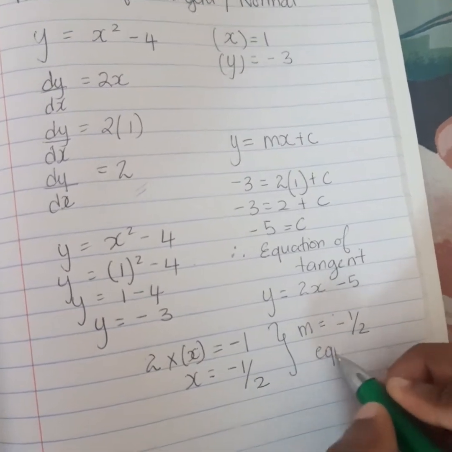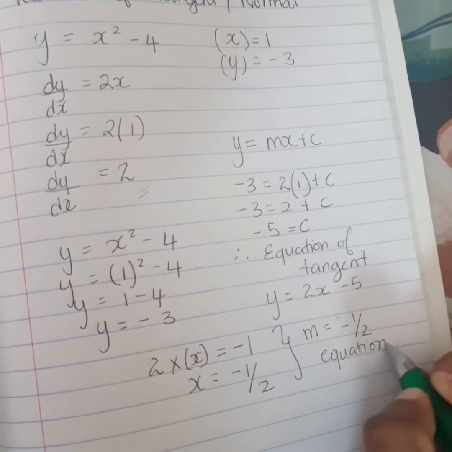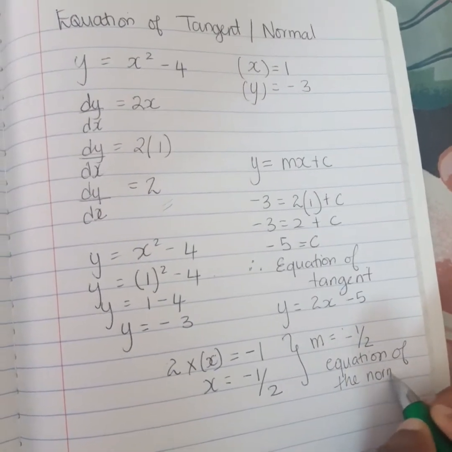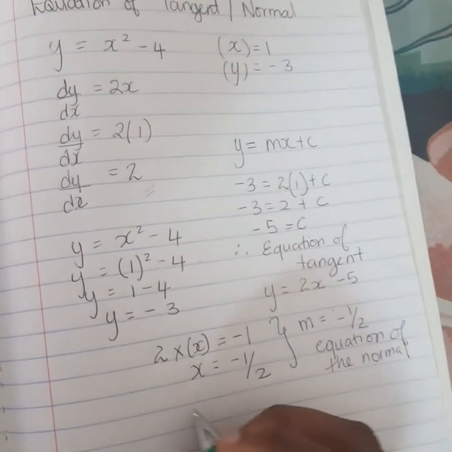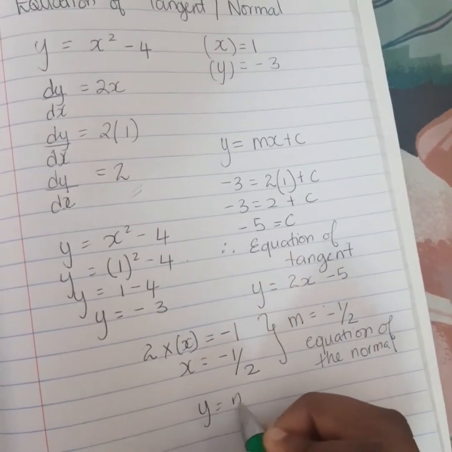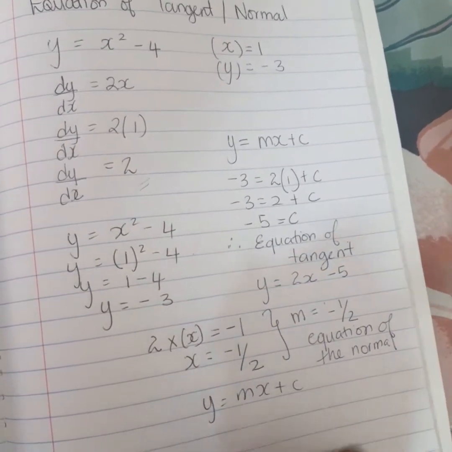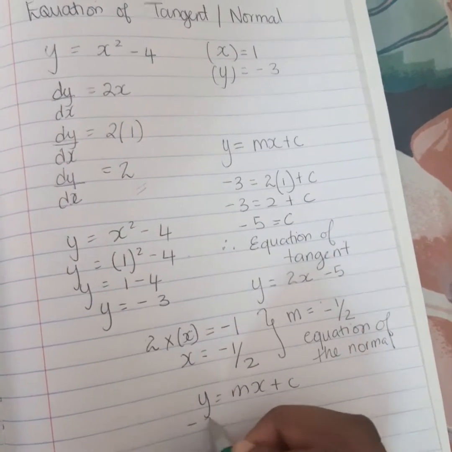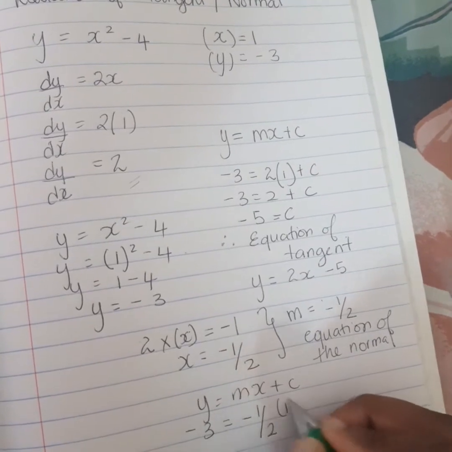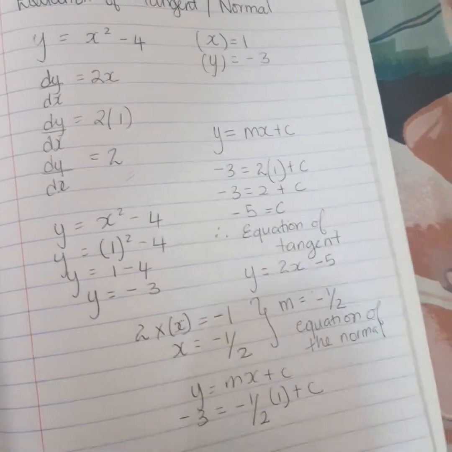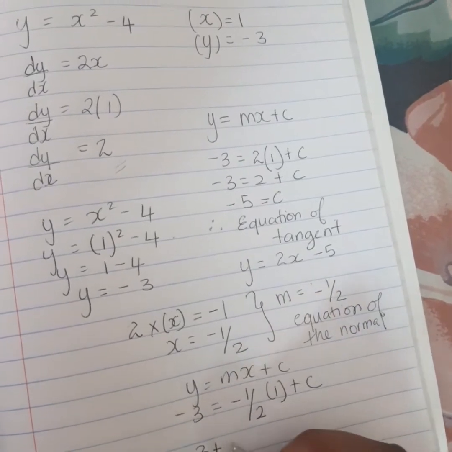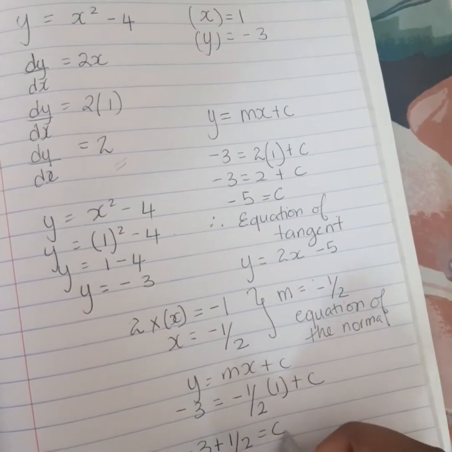We're going to use that to find the equation of the normal. So we now have y still in the form y equals mx plus c. So we have y being minus 3 is equal to minus a half times our x value 1, plus c. So minus 3 plus a half is equal to c.